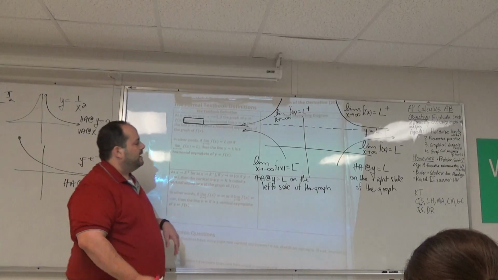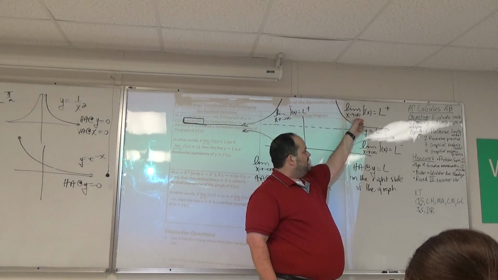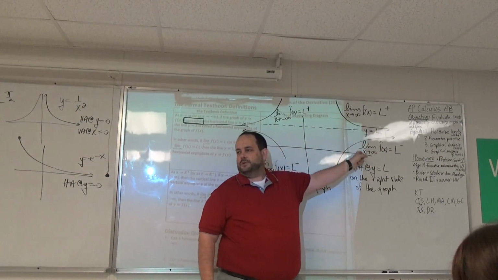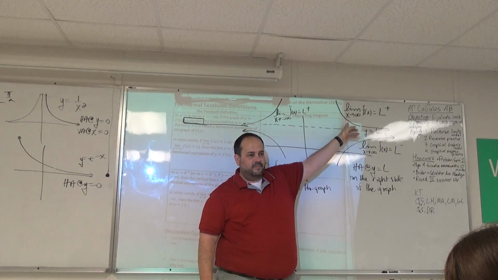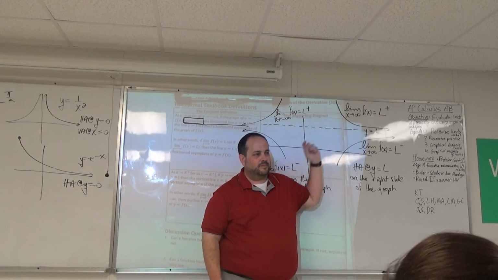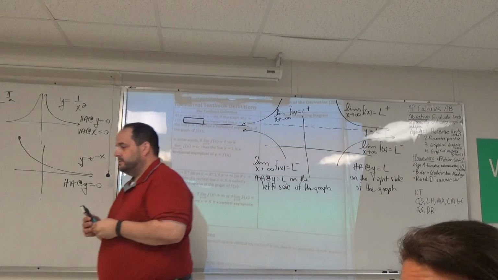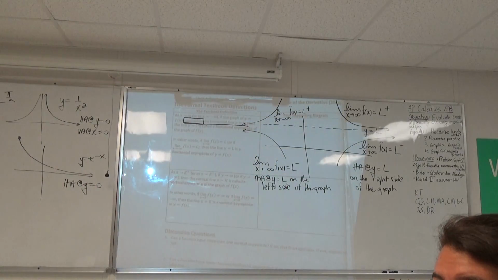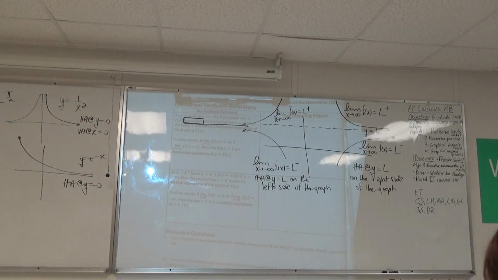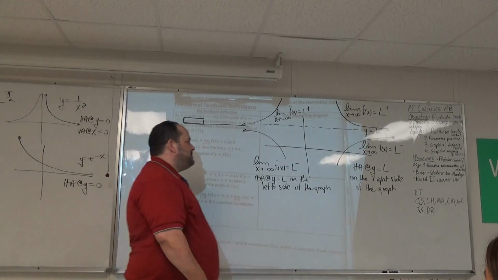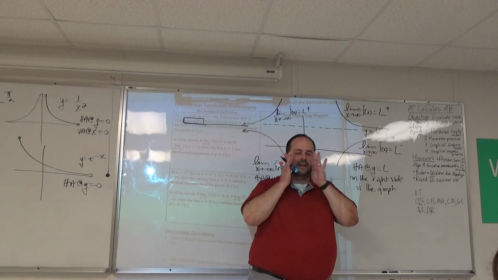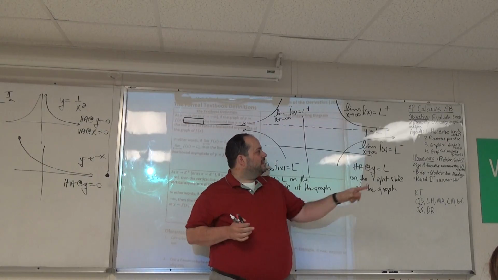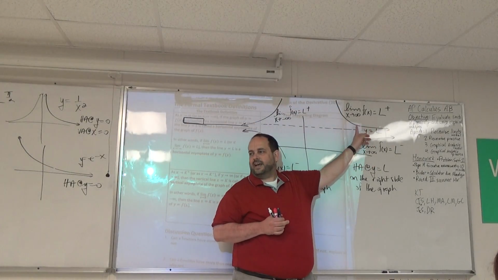Can anybody think of a parent function that has these two asymptotes? Let me ask the question one more time. Can anyone think of a parent function that has this kind of behavior?